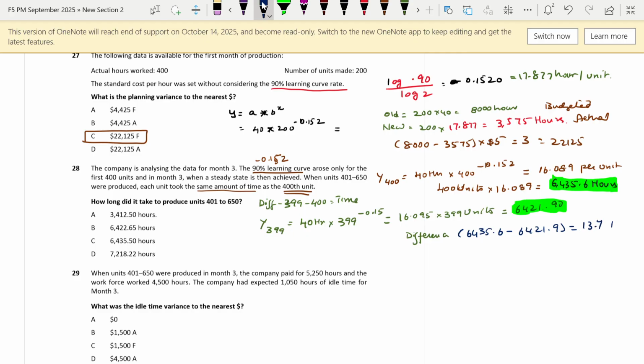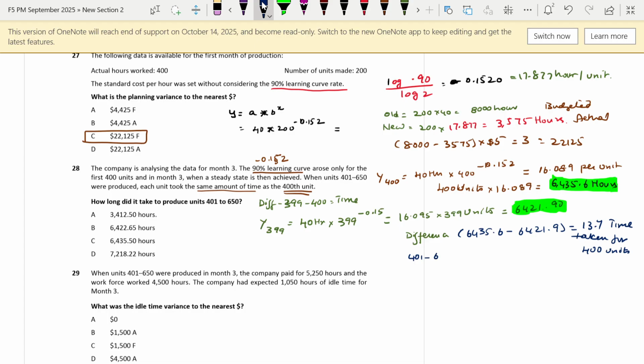This is the time taken for the 400th unit.